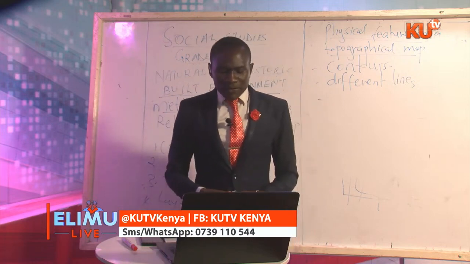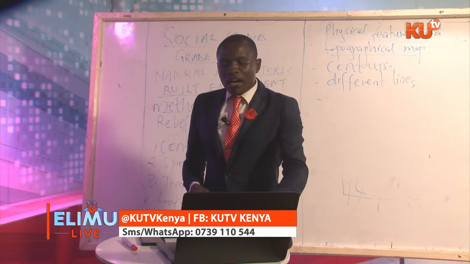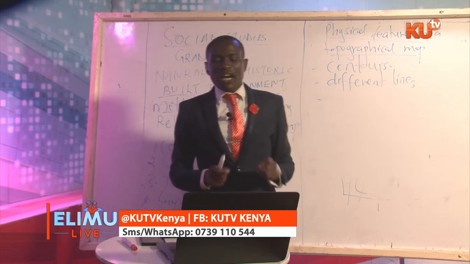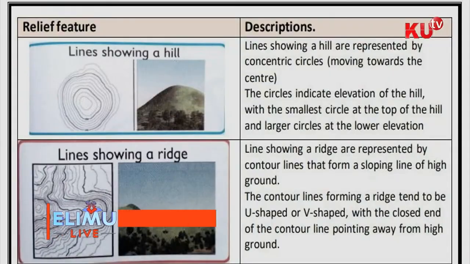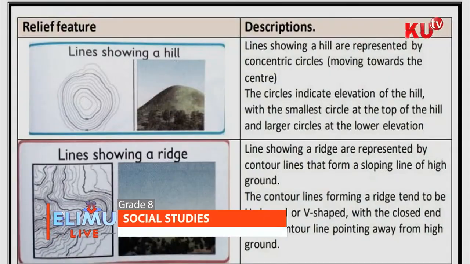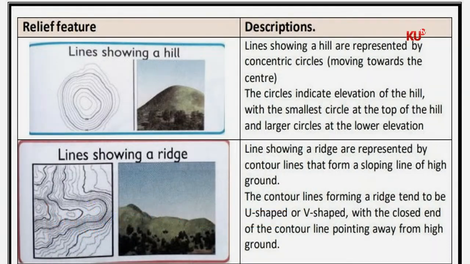If you look at our screen, we have a feature and descriptions. And the first one is lines showing a hill. Lines showing a hill are represented by circles, either moving towards the center or upwards.